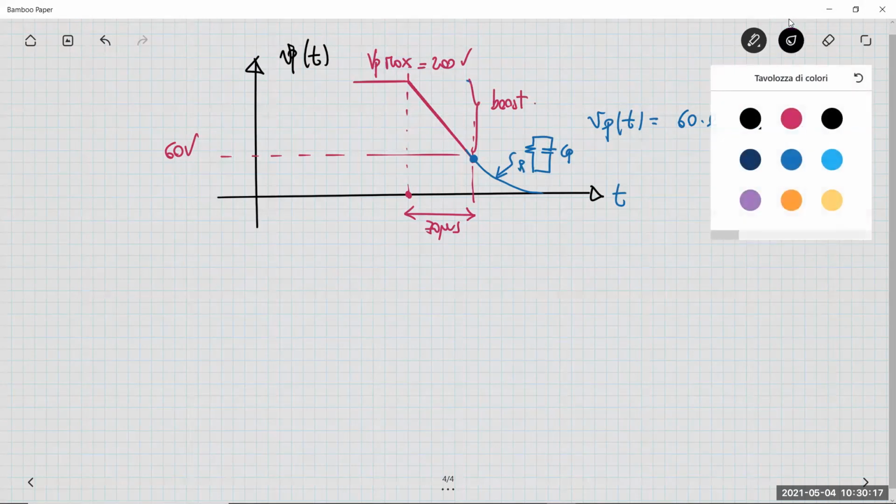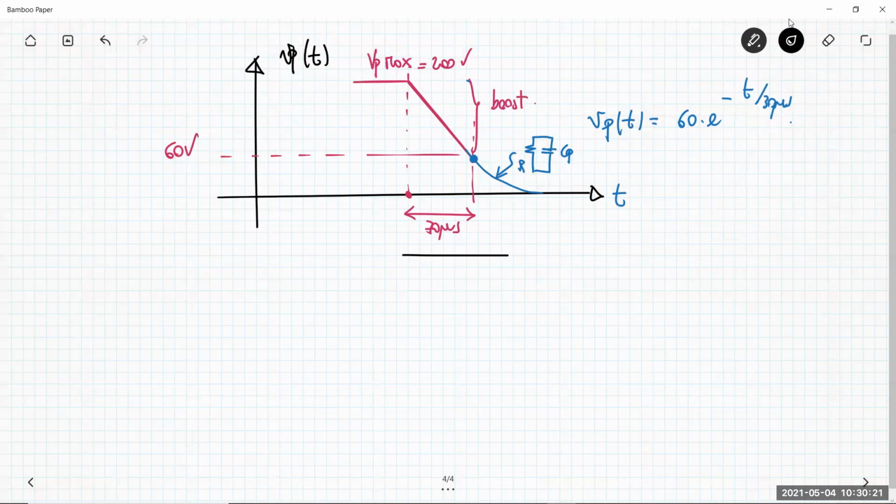Remember that our T fall is 100 microsecond. So what is the voltage across the capacitor Cp after the standard T fall we used so far?